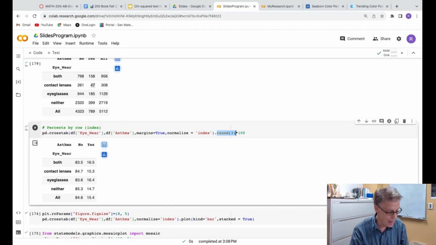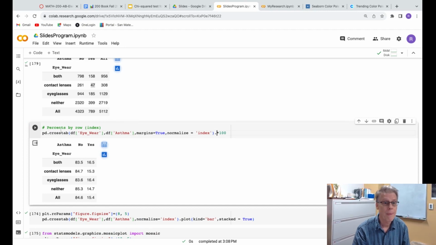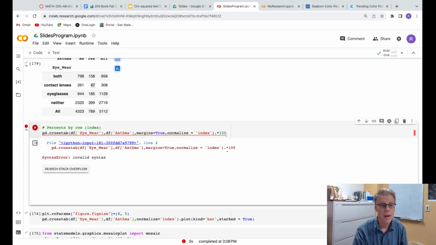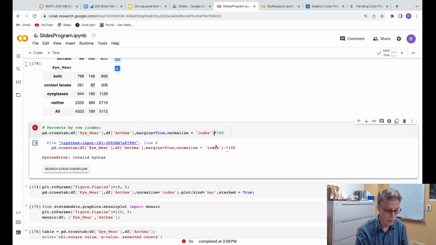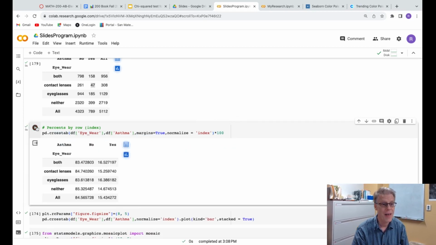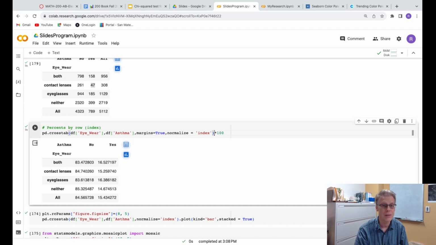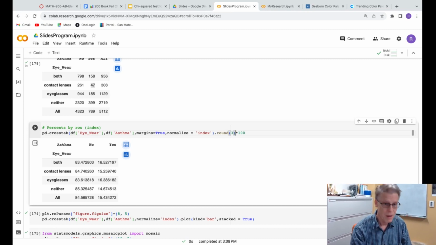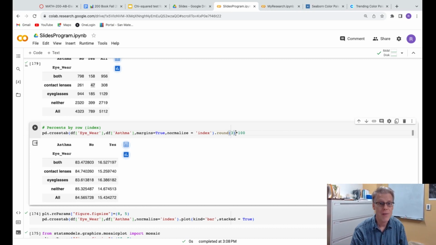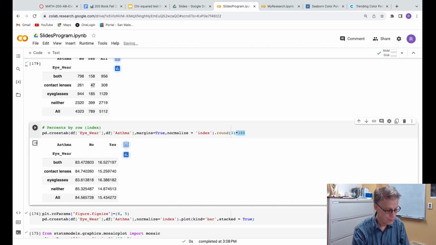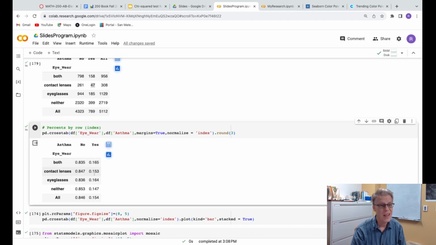If I don't have that rounding, then it's just got a whole bunch of decimal points, and those make it harder to look at. And if I don't have the times 100, then it's writing it as a decimal, which is also harder to look at.